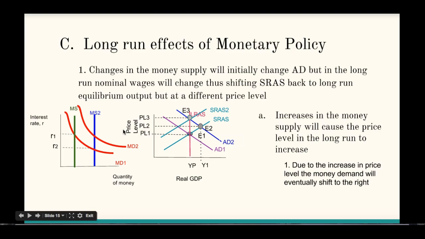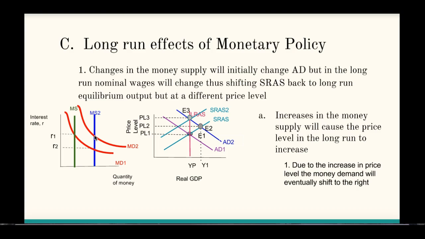If I extended this out, you would find that my interest rate stayed the same. So in the long run, the only thing that changed is my price level. My price level went up, but my interest rate stayed the same, and GDP stayed the same. So the long-run effect of an expansionary monetary policy is that the price level increases.